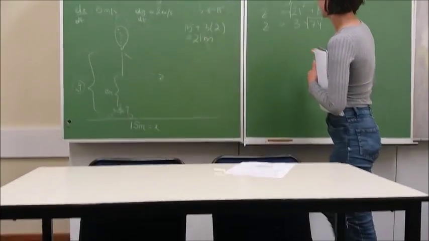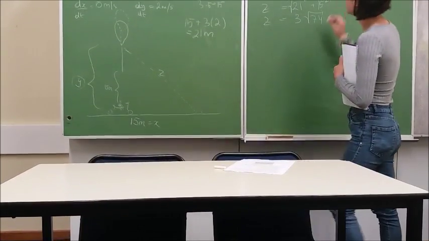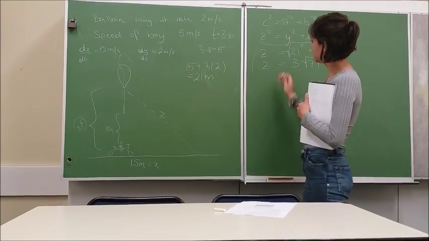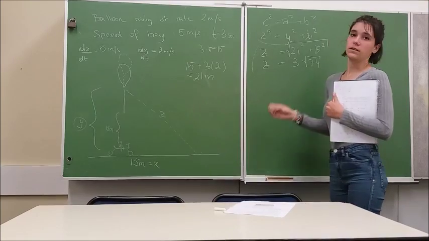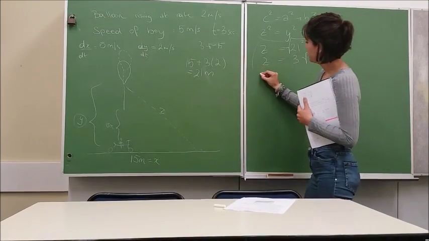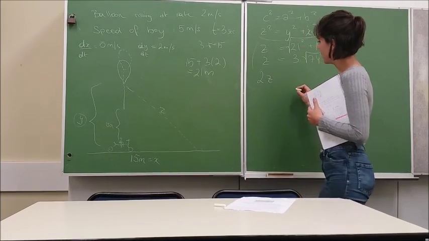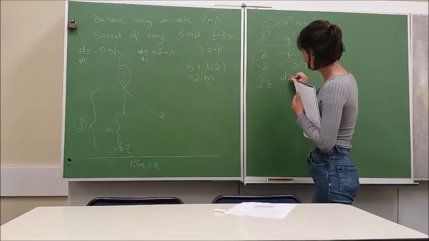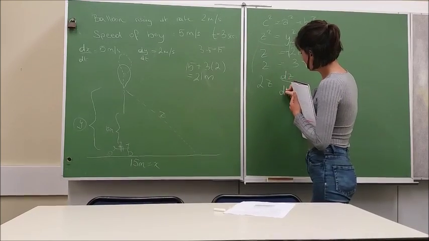And that distance will be taking this equation again and taking the derivative of it will give you, not to forget, actually implicit derivative, will give you 2z, and then dz dt.